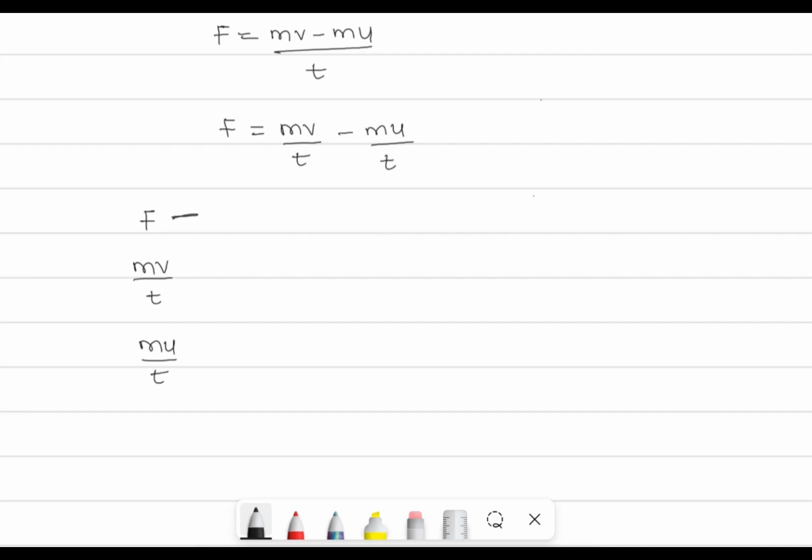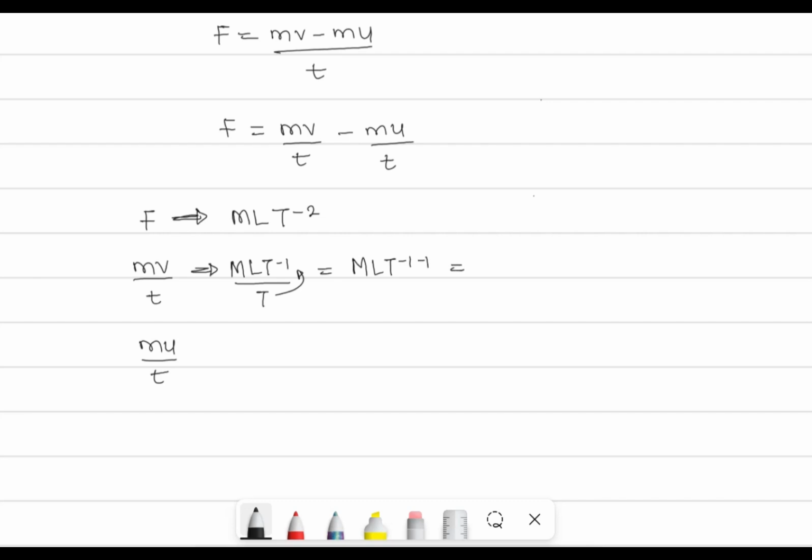So those are the three quantities here now. Let's go now. What is the dimension for F, which is force? It is MLT^-2. What of mv over t? You know m is mass, which has dimension M. V is velocity, which is LT^-1, over t, time. This will now become M LT^-1, and the 1 at the bottom goes up to become another minus 1.